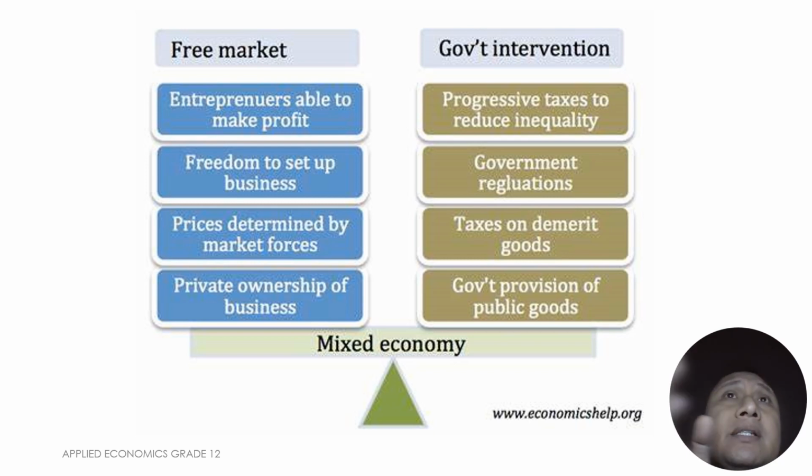And paano naging mix? Kasi sisingit yung government. Why? May taxes, may regulations, meron tinatawag na provisions for public goods. Meaning, government supports the need of the public and it can provide subsidy or support. Mix. Government working together with the free market entrepreneurs. Yeah, mix.